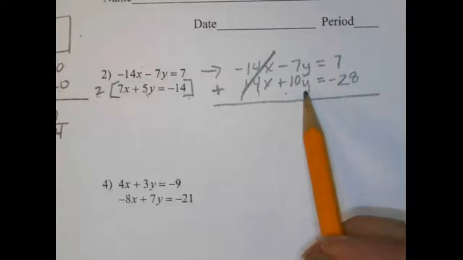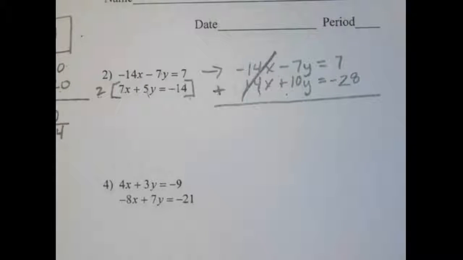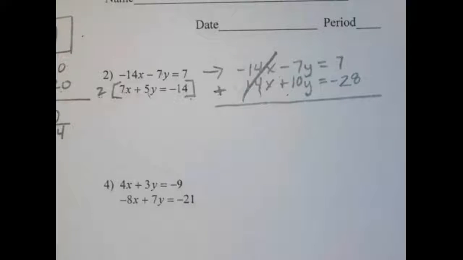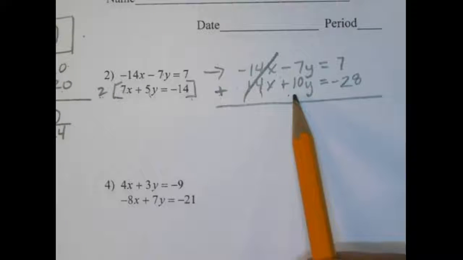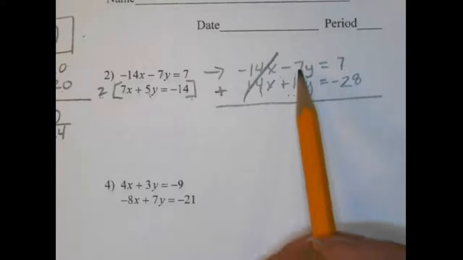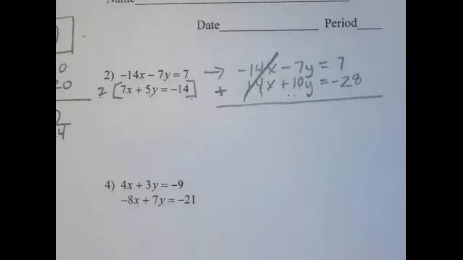How about a positive 10 and a negative 7? What does that give me? Positive 3, right? My 10 is my bigger number. I could also use column method and figure out that I'm going to subtract 7 from 10, and they're going to be on the positive column.